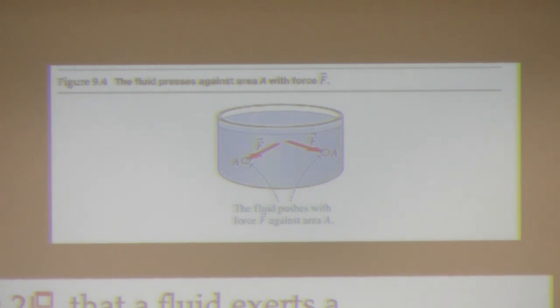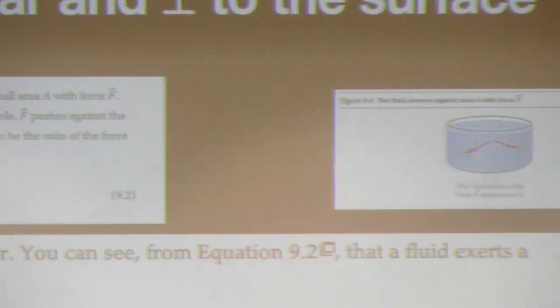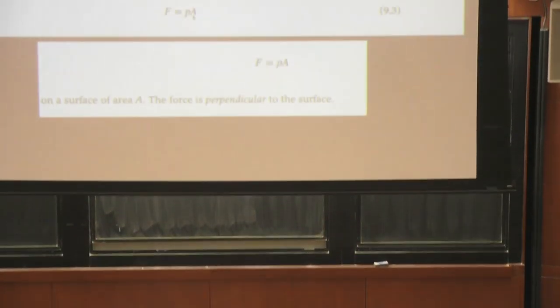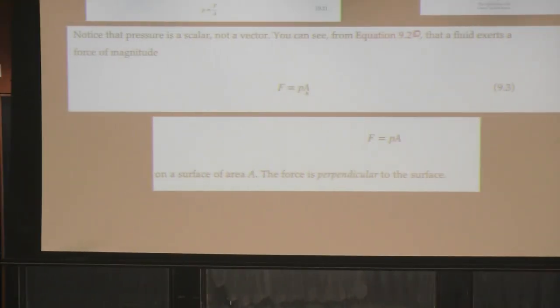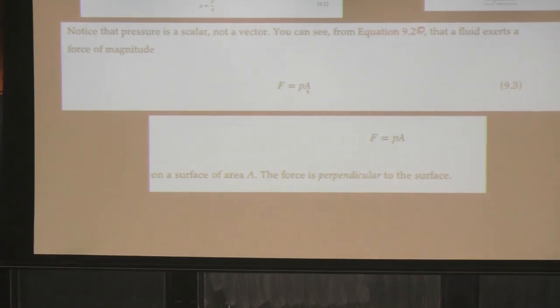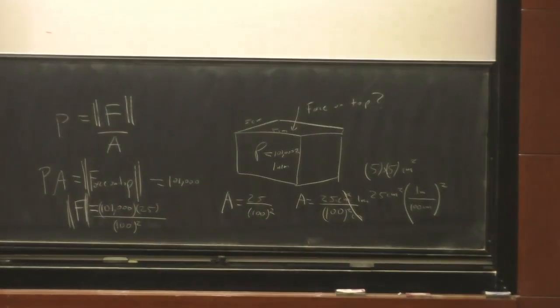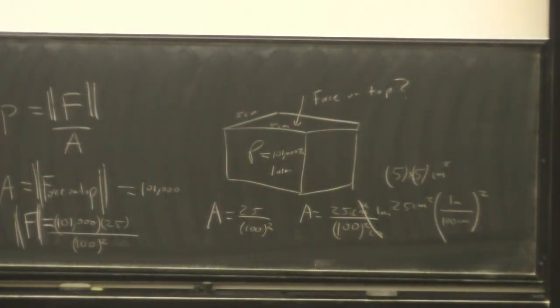We put little bars around it and say that's the magnitude of the force on the top. But force can be a vector. But when it's multiplied by the area, it becomes a scalar.